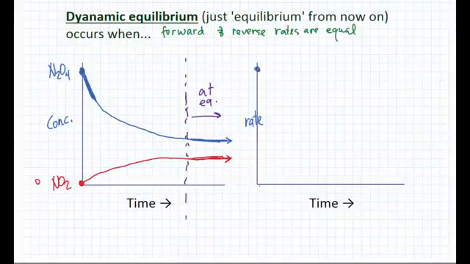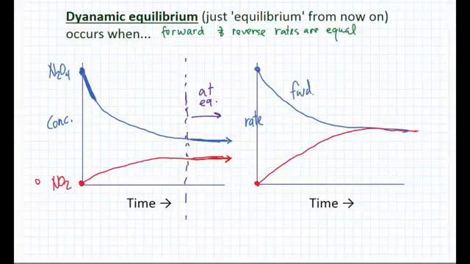Rates. It's going to be similar, except on this graph of rates, go to the middle here, and these graphs actually meet. Something like that. So here's the forward reaction.